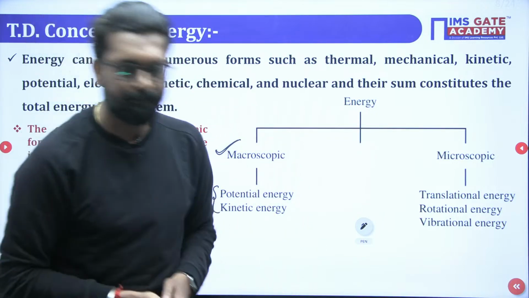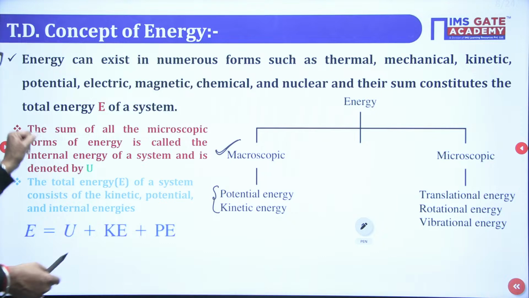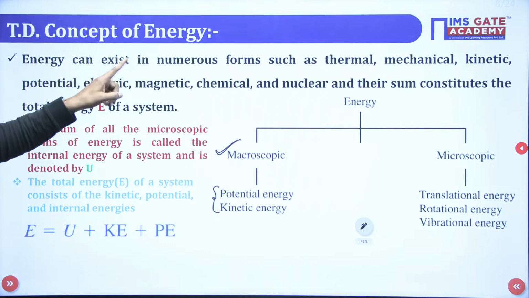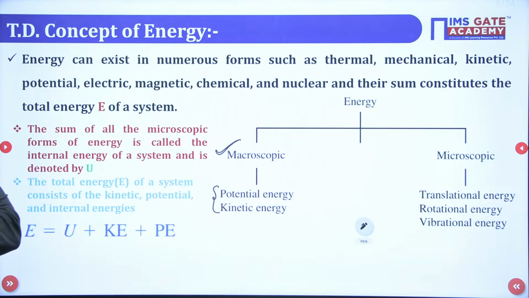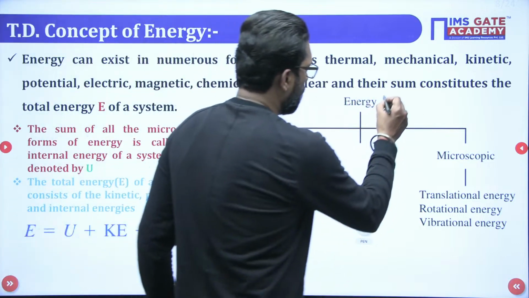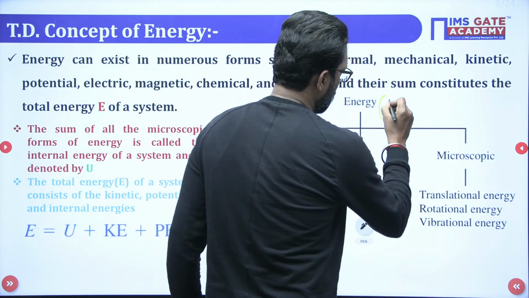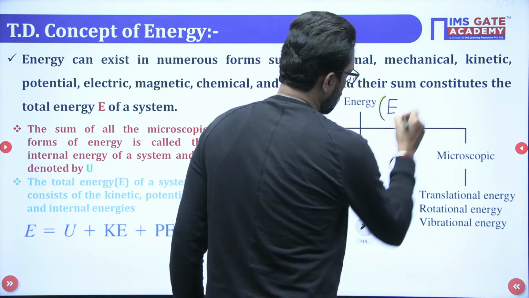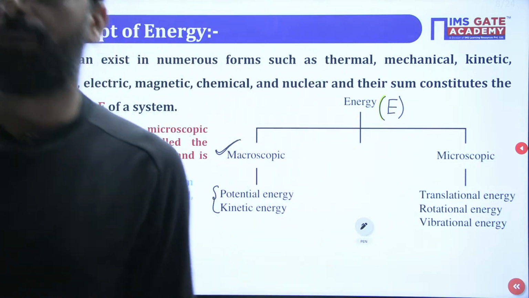We will discuss that. Now, energy can exist in numerous forms such as thermal, mechanical, kinetic, potential, electrical, magnetic, chemical, nuclear, and their sums. If you sum all this energy, that is called E, the energy of the system.